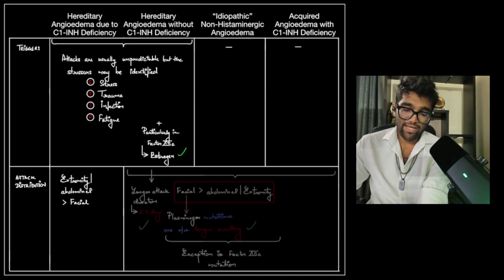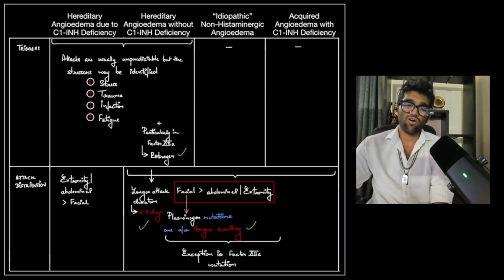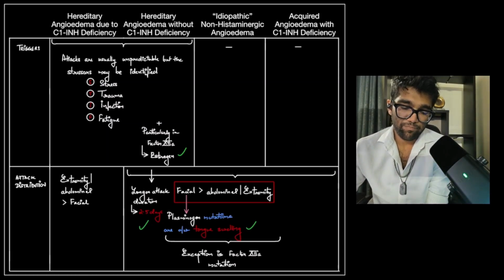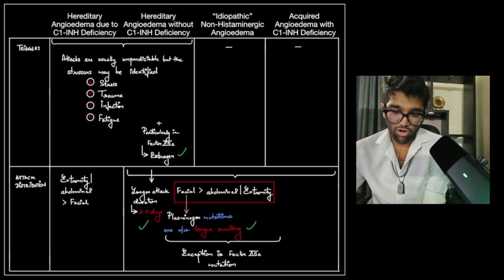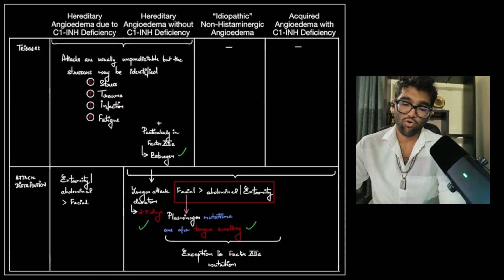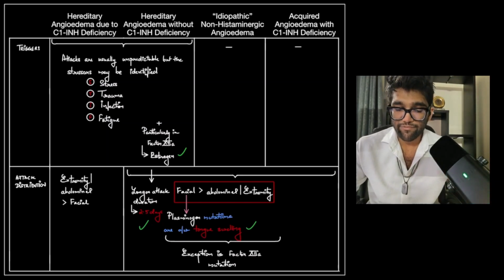Whereas without C1-INH deficiency, all of them essentially have contact pathway activation, we'll just get to that. However, the attack duration is longer in non-C1-INH deficiency associated hereditary angioedema. All other types of non-histaminergic angioedema typically affect the face more than they affect the abdomen or extremity.